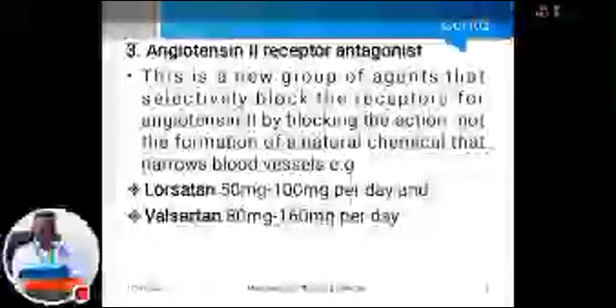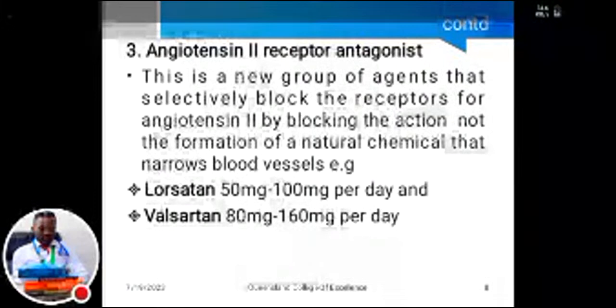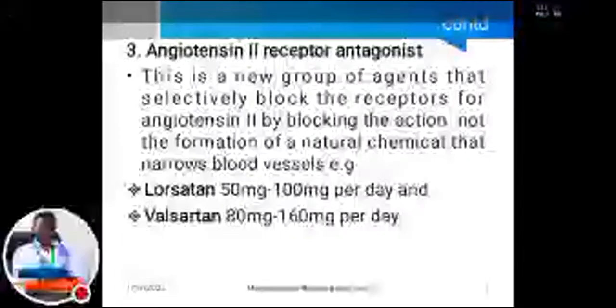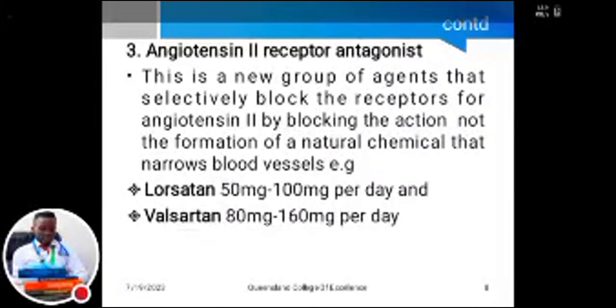All right, now let's look at the angiotensinogen 2 receptor. Now we need to understand that the angiotensinogen 2 receptor blockers are antagonistic. Agonistic is to contract. You see now? Receptors for angiotensinogen 2, they are antagonistic, which simply means that they bring about relaxation, not necessarily contraction.